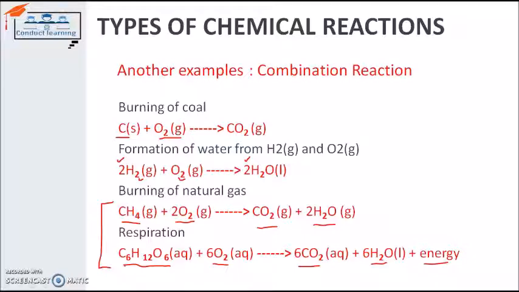Exothermic is a reaction where heat is produced. Endothermic is a reaction in which heat is absorbed, heat is required. So there are two different kinds of reaction: one for production of heat, one for absorption of heat. So these both are examples of exothermic reactions.